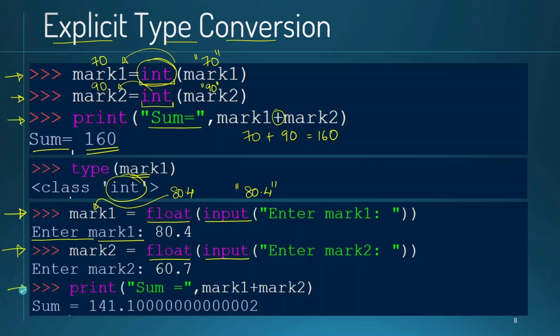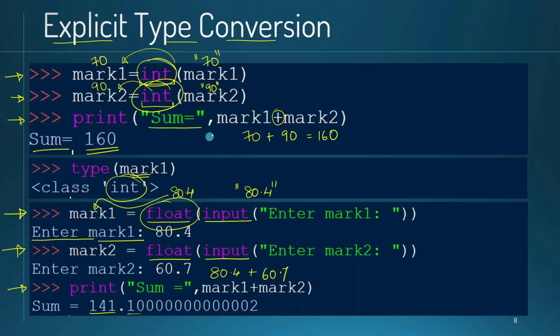And when you try to print sum is equal to mark 1 plus mark 2, it will just add numbers 80.4 and 60.7, and you can see the result is coming as 141.1000. So with this example, I have discussed with you how to explicitly do the type conversion to integer and to float.